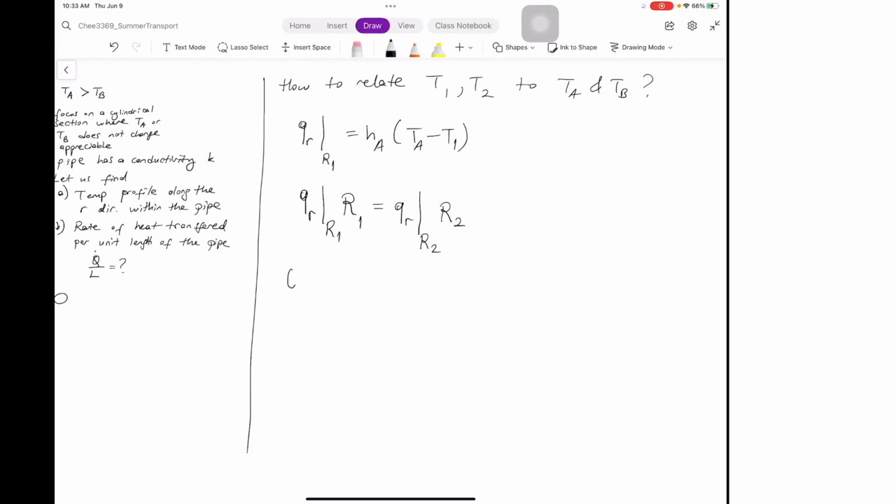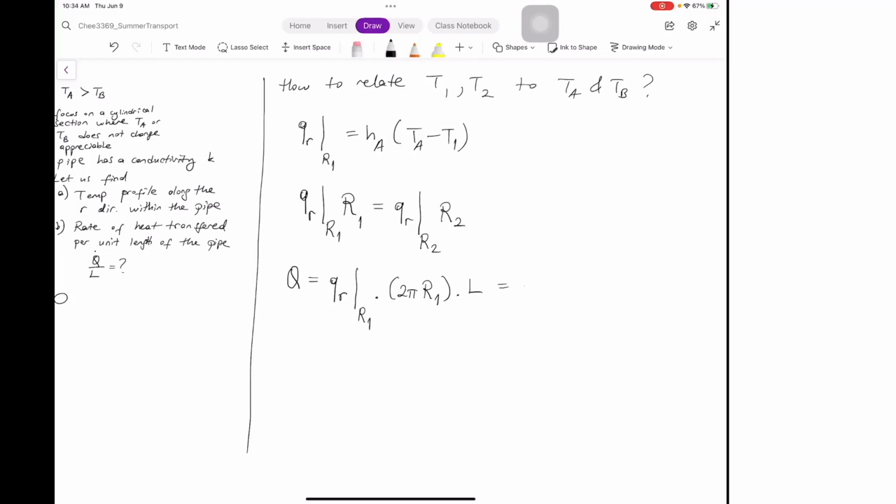So the heat transferred along the pipe is equal to the heat flux QR at R equal to R1 times the area, 2 pi R1 L, correct?